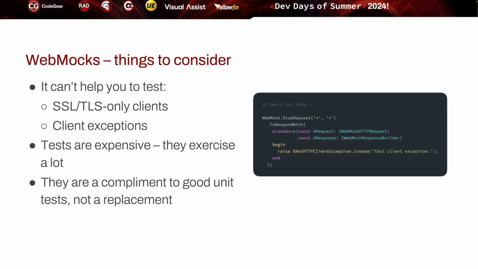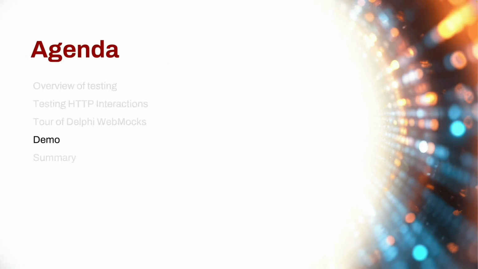They're not a replacement. So you should be doing all of the unit tests that a good developer should be doing anyway. These are the integration tests that give you that extra level of assurance for things that are very hard to test in unit testing, and hopefully they will make up a part of a greater test suite.